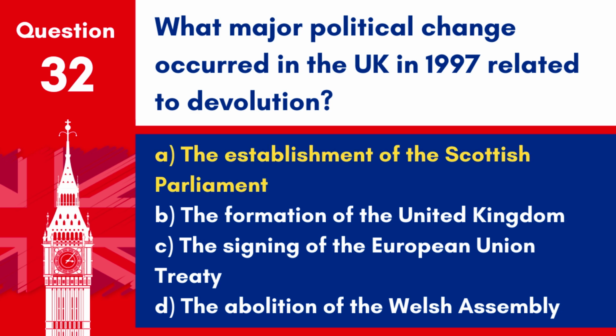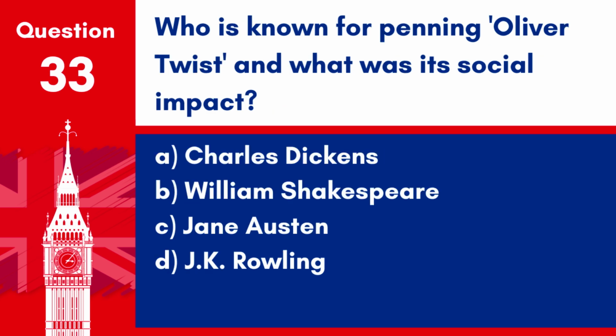Answer. A. The establishment of the Scottish Parliament. In 1997, significant political changes included the establishment of the Scottish Parliament and the Welsh Assembly, marking a major step in devolution. Question 33.